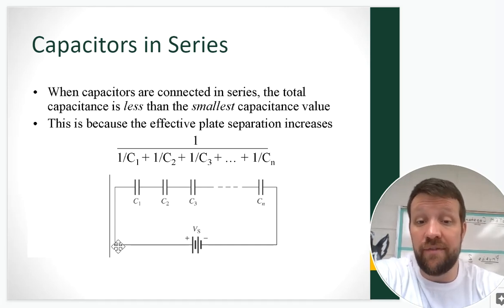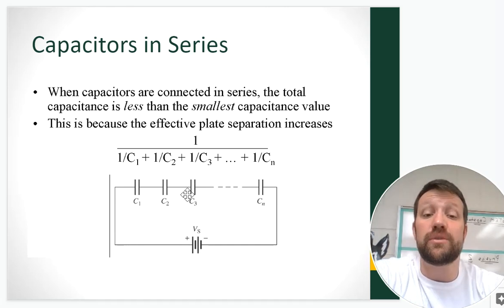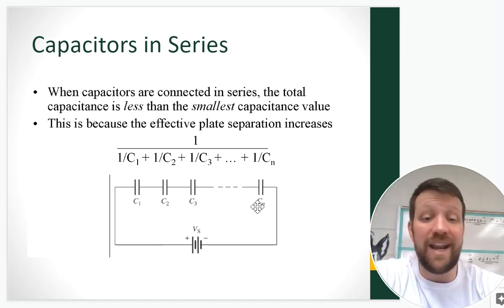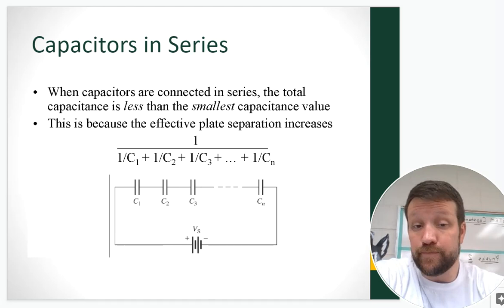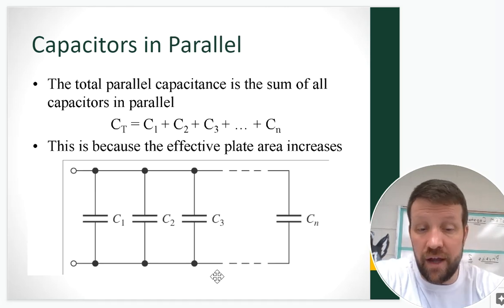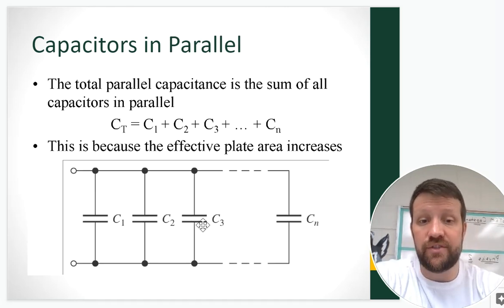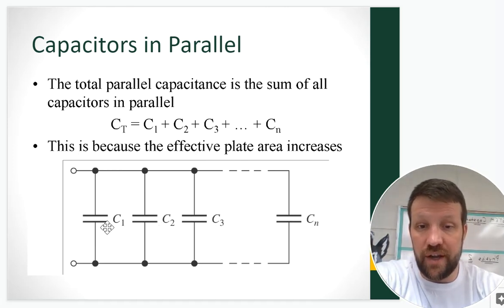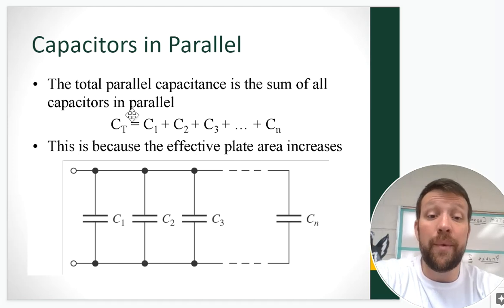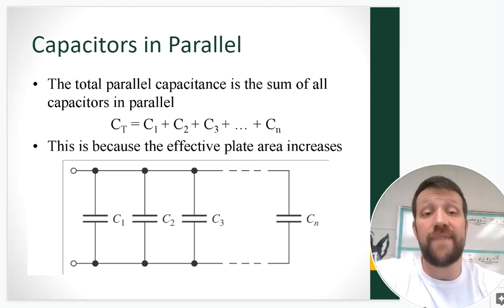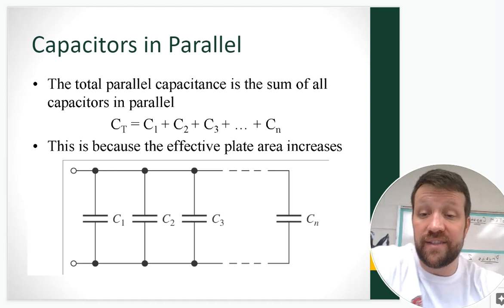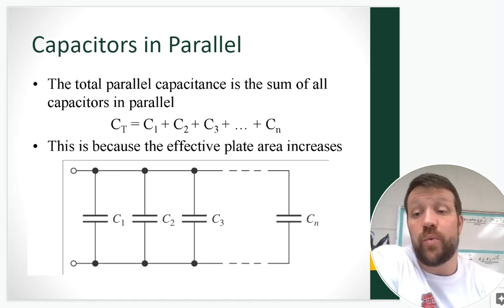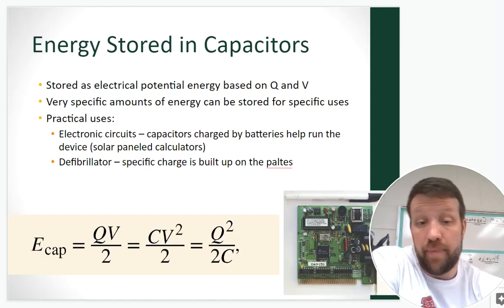So essentially, instead of having all of these added together, we've got the smallest surface area dictating everything else that's happening within the circuit. Whereas if we put them in parallel, well, now I've got the surface area of these two, plus the surface area of these two, plus the surface area of these two, and so forth and so on. Now we can add them together, and this is much more effective because we've effectively increased the surface area over which we are storing a charge.